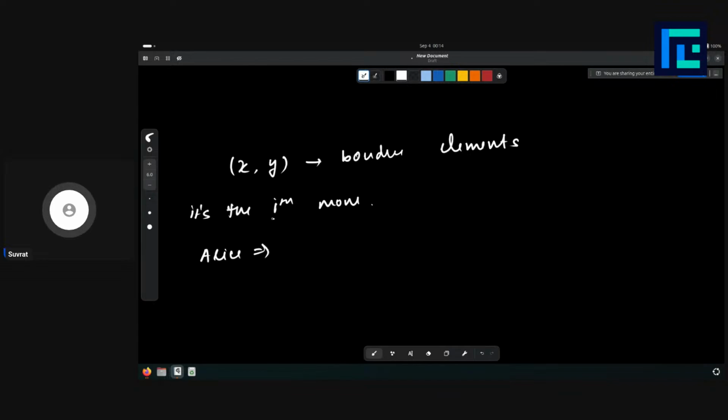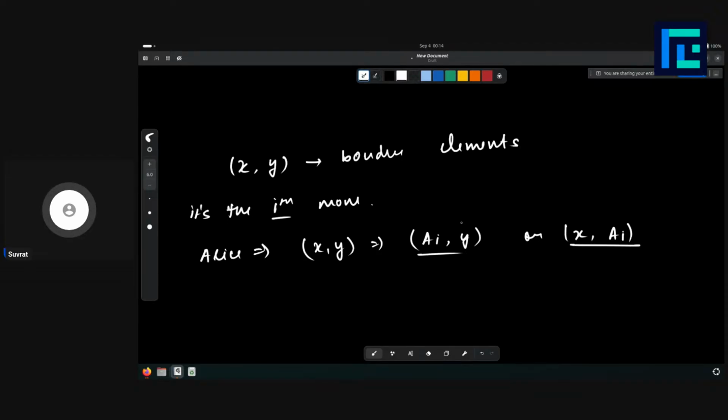So if Alice is moving the ith move, there can be two scenarios after the move. Initially the border was x, y, then what could the new scenario be? It could be ai, y, or it could be y, x, ai. So we would like to choose the better option out of these.